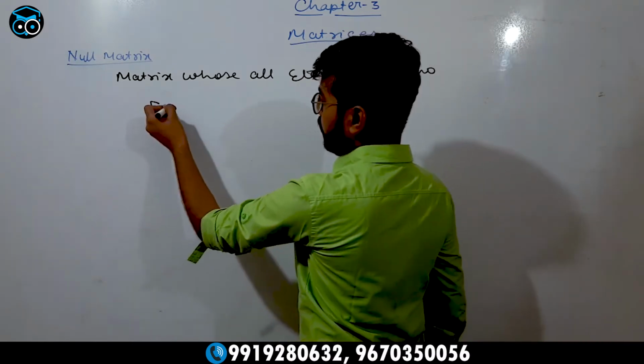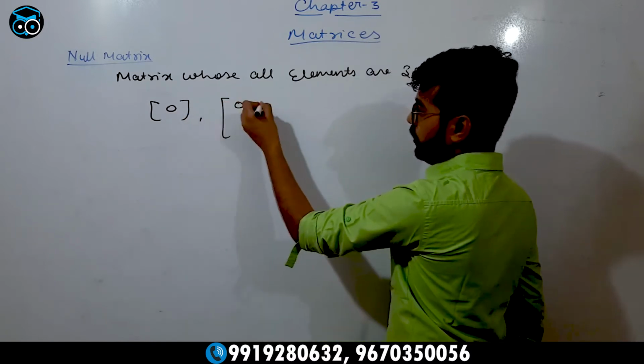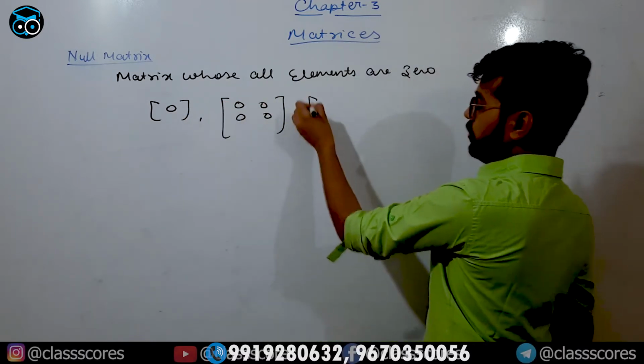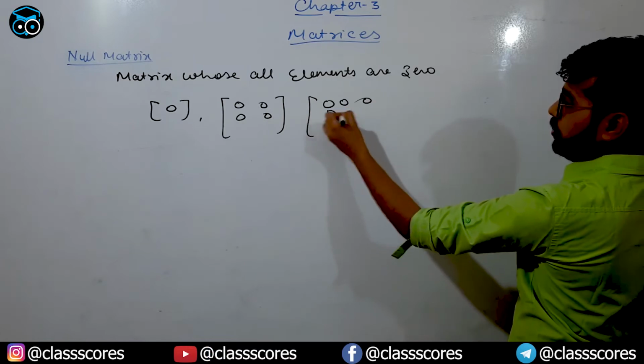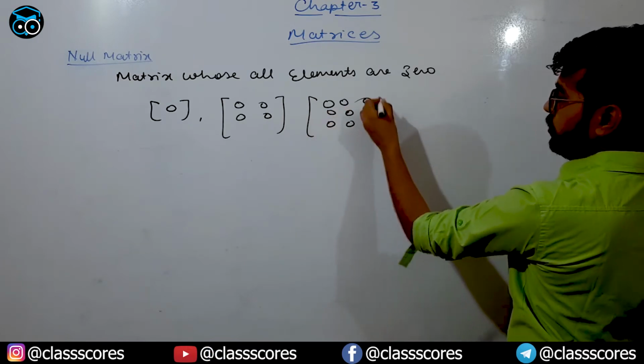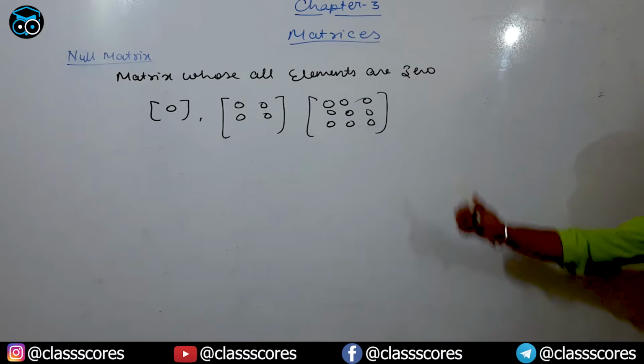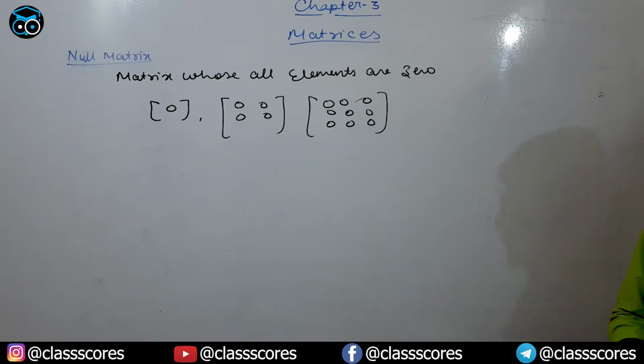We can say this 0 or 0 0 0 0 0 0 0 0 0 and so on. These matrices are known as null matrix. It is clear to all of you.